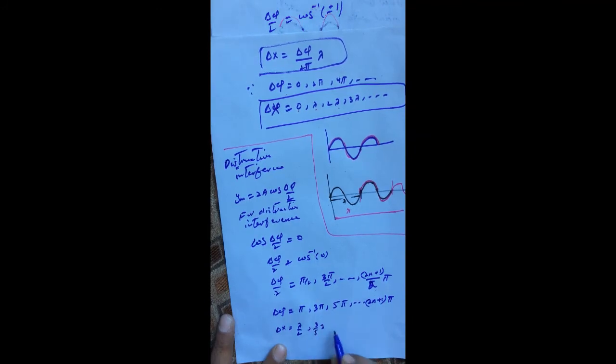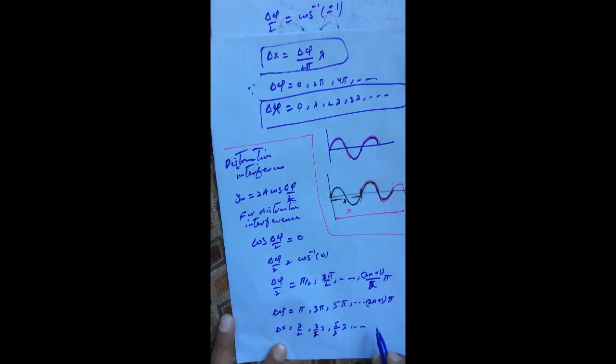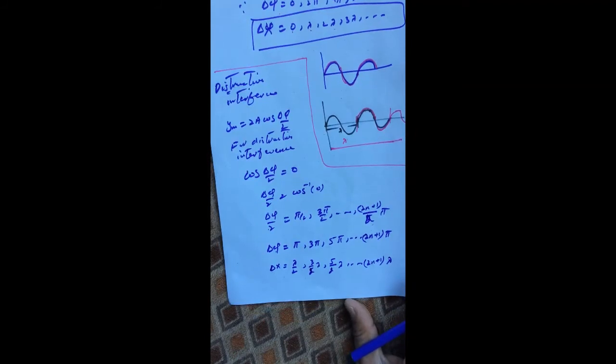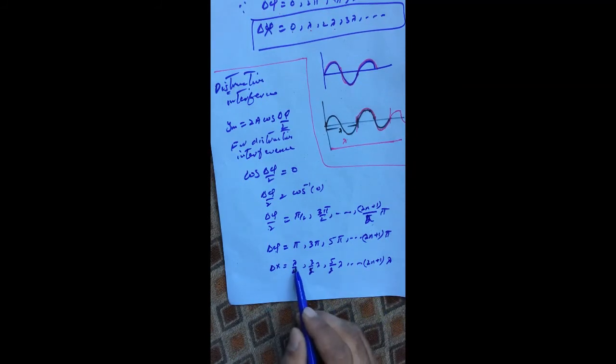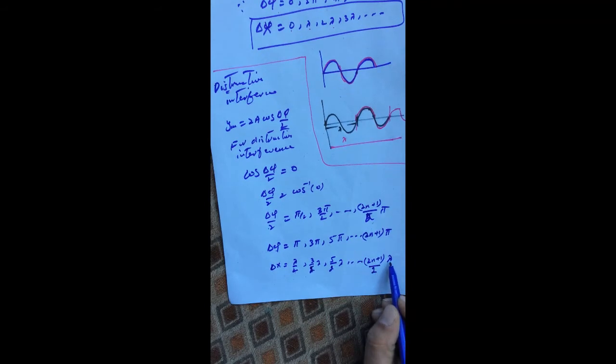If I put 5 pi, then we have 5 divided by 2 lambda, and so on. If I have (2n plus 1) pi, then we have (2n plus 1) over 2 lambda. So if the path difference is either lambda divided by 2, 3 divided by 2 lambda, 5 divided by 2 lambda, or (2n plus 1) over 2 lambda, then we have destructive interference.